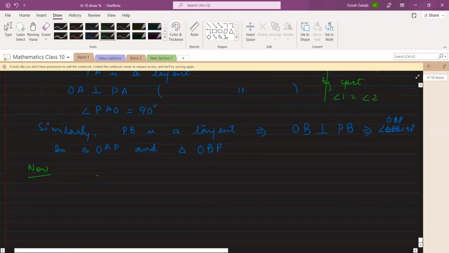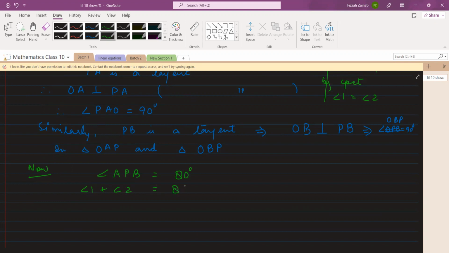So now this complete angle, which is angle APP, was 80 degrees, right? So this angle can be written as angle 1 plus angle 2 is equal to 80 degrees.